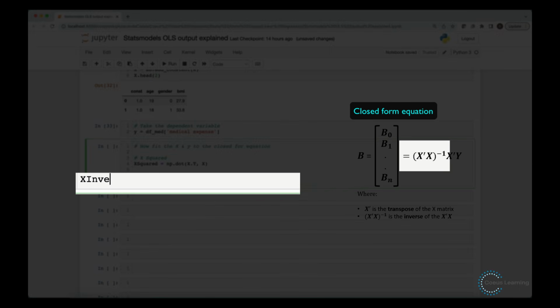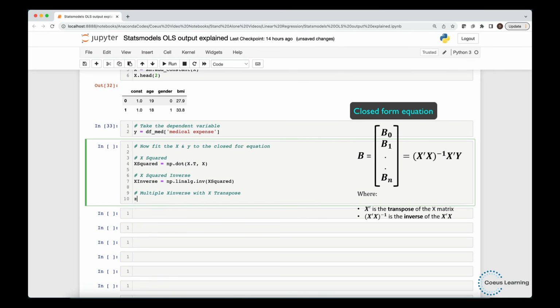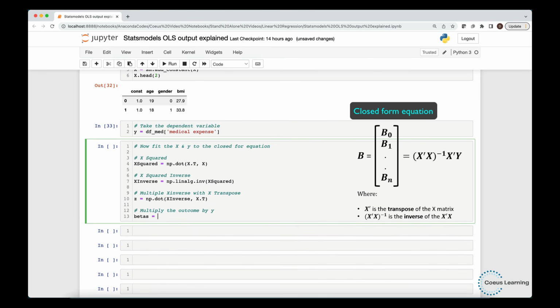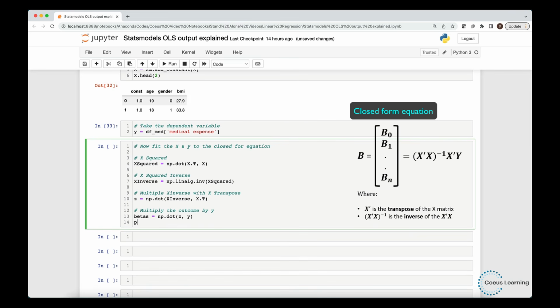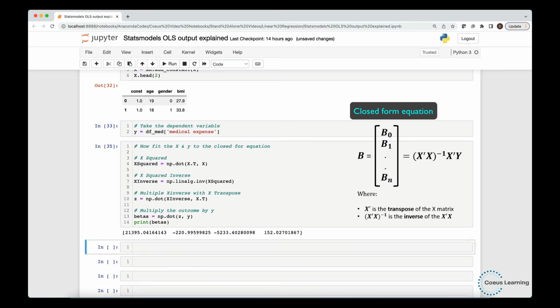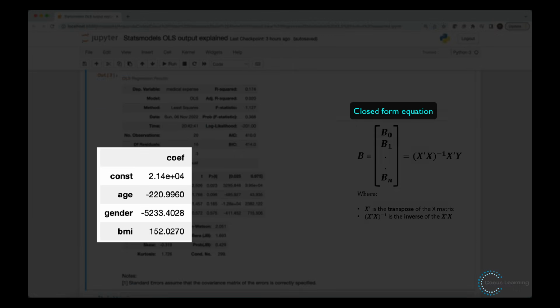Then we compute the inverse of the x squared. Finally, we multiply the x inverse with x transpose and y to get the coefficients. Compare the computed betas with the coefficients in the OLS output.